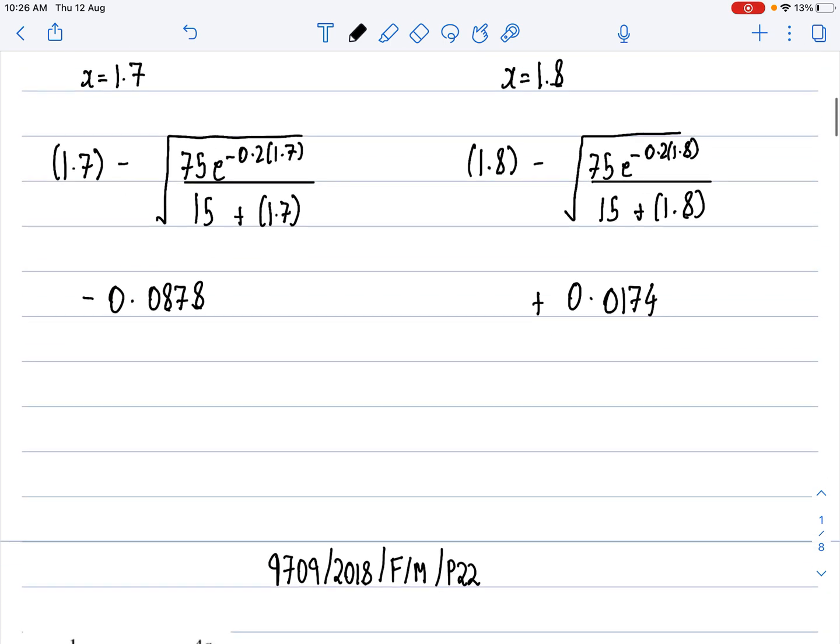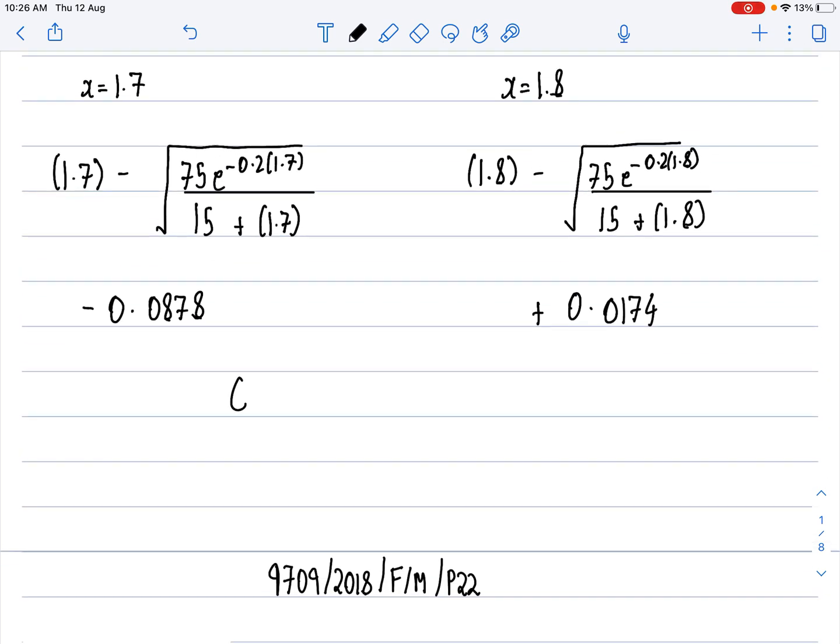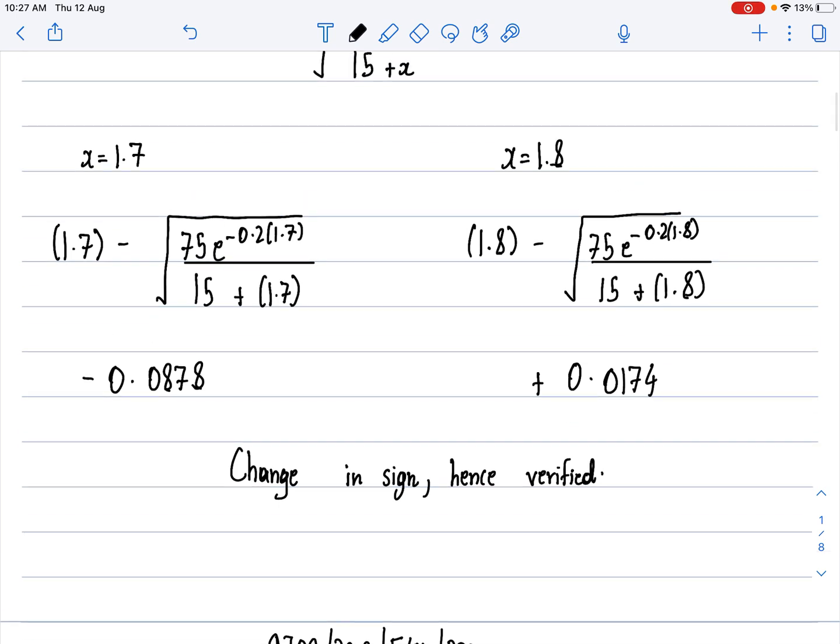So basically, if there's a change in sign, it's basically verified that it lies between 1.7 and 1.8 because there's a change in sign between the values. This is negative and this is positive. And after every critical value, the sign changes. So this is how you basically verify.